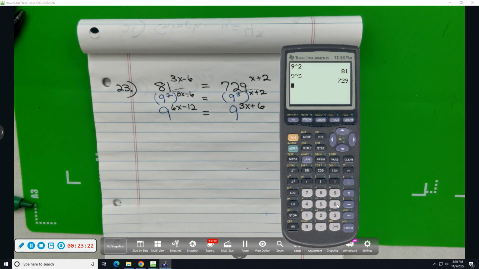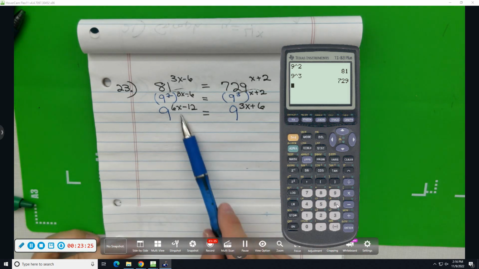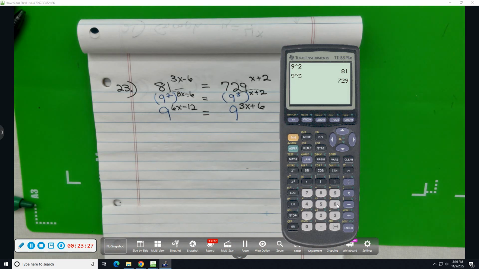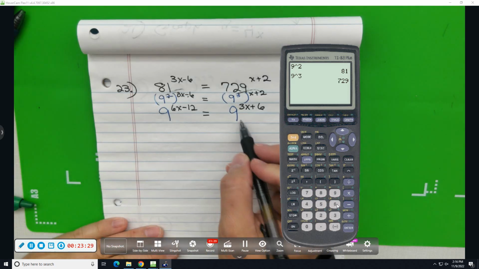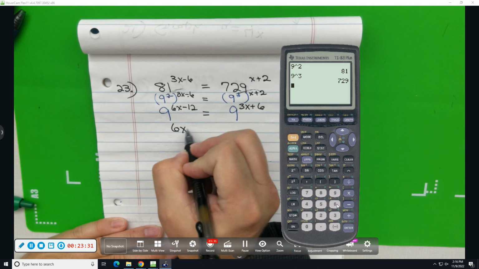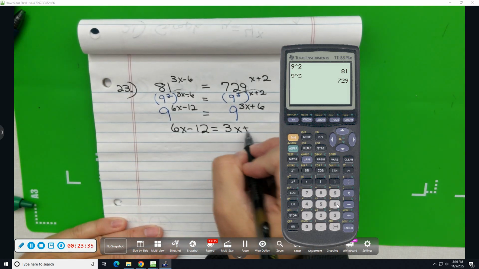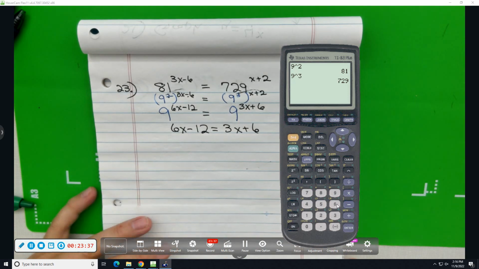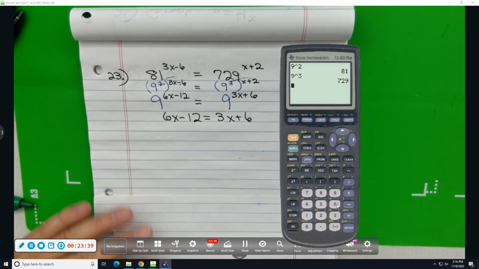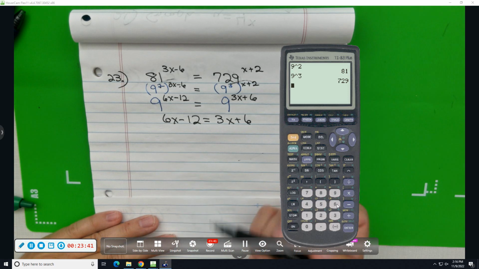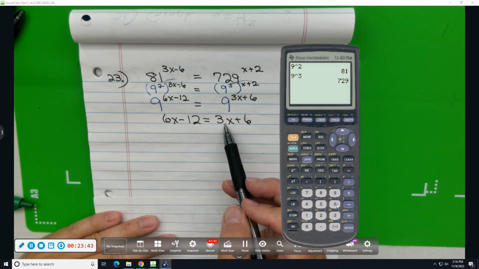And now that we have the same base on both sides, no parentheses, we drop the bases and set the exponents equal. 6x minus 12 is equal to 3x plus 6. I'd subtract 3x from both sides, 6x minus 3x.